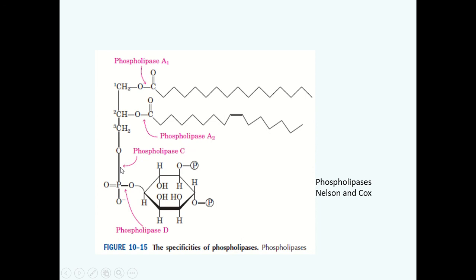This inositol triphosphate is transferred to the cytoplasm of the cell, where it acts as a second messenger. It binds to proteins and eventually it results in the opening of calcium channels on the endoplasmic reticulum, thereby releasing calcium into the cytoplasm of the cell.